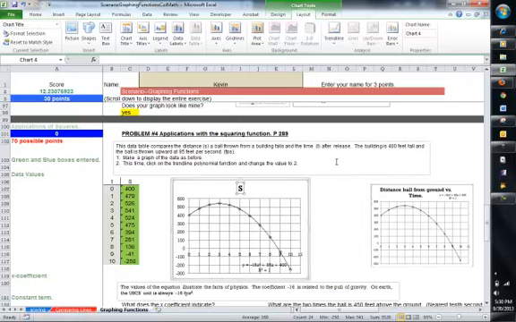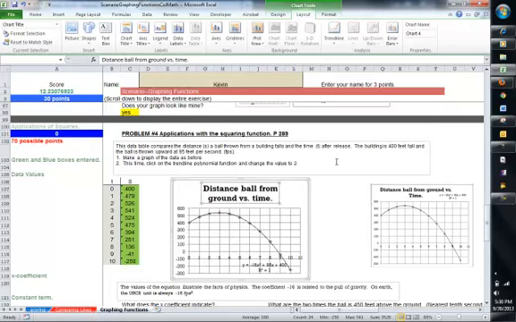And we want to call it distance of ball from ground versus time. Okay, I'm going to move the stuff around so that my information isn't in the graph. I'm going to put it up there.